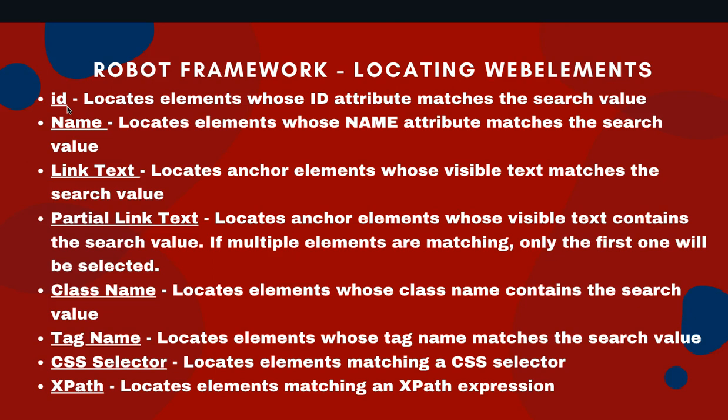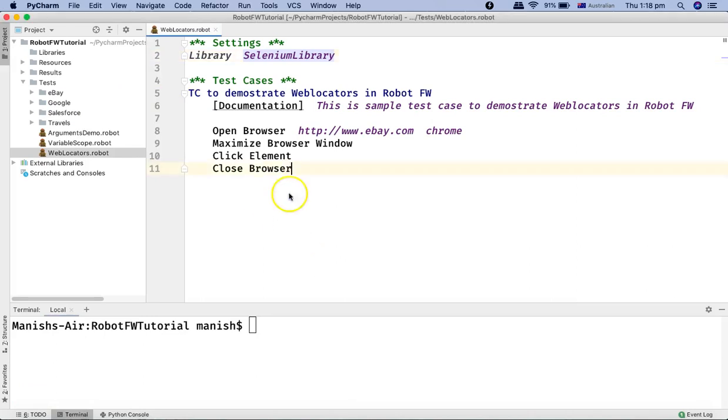So let me go back to PyCharm. Here you can see that I have created just a dummy test case for weblocators.robot, and I am directly using the Selenium library. I have imported the Selenium library into the settings section, created a single test case, and I'm directly calling the Robot Framework keywords.